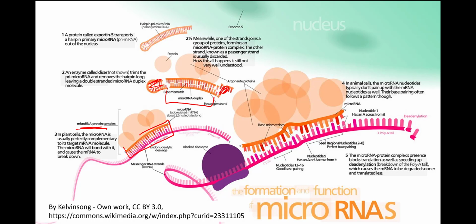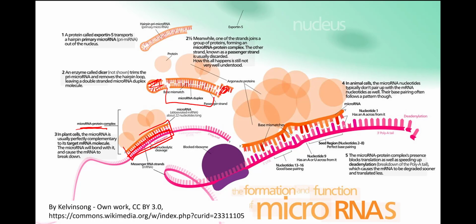And when it gets base paired to it, the presence of the microRNA and the microRNA protein complex will trigger the breakdown of the mRNA. So this is a really effective strategy to silence genes by having these microRNAs around, recognizing specific sequences in a coding mRNA, triggering degradation of that gene.